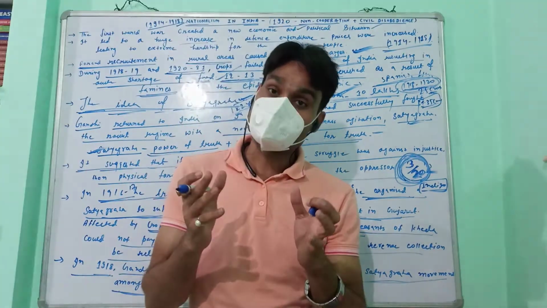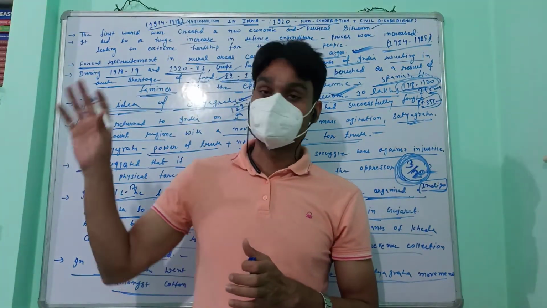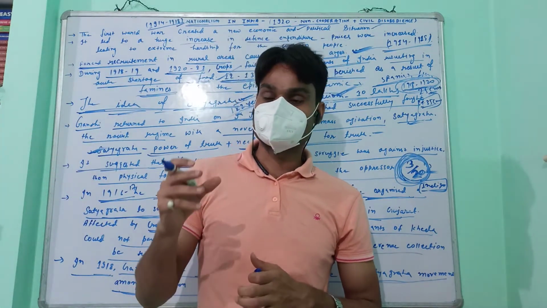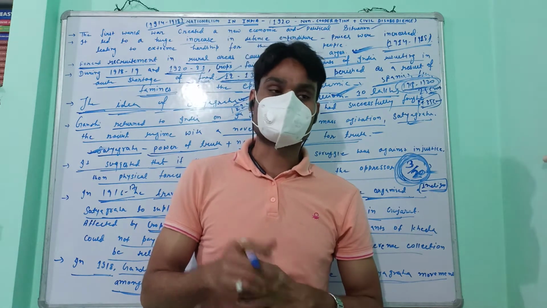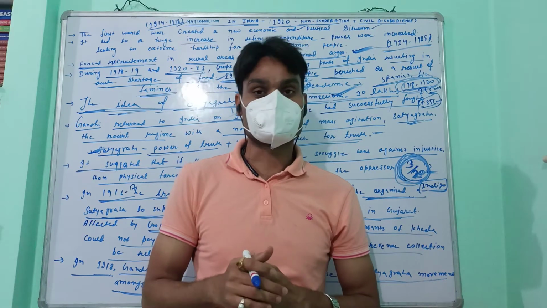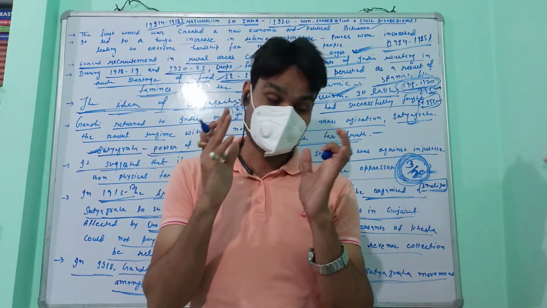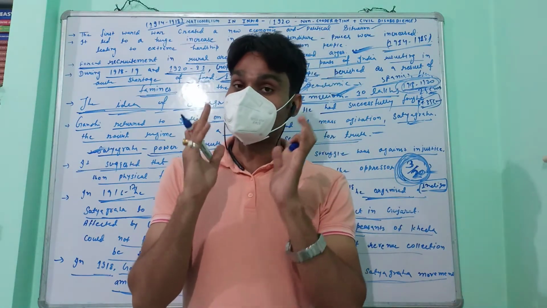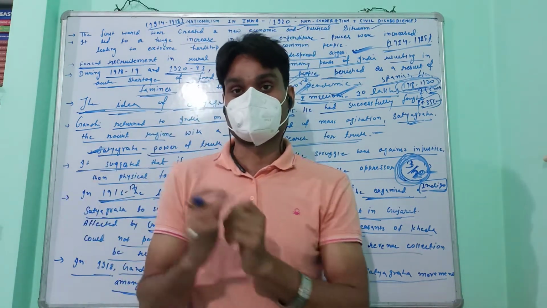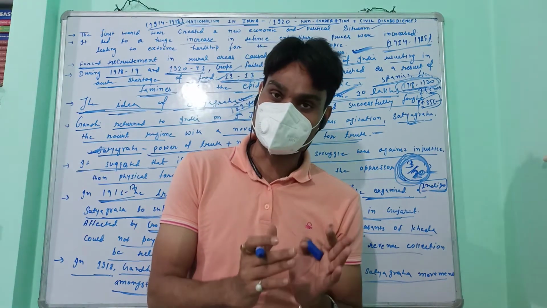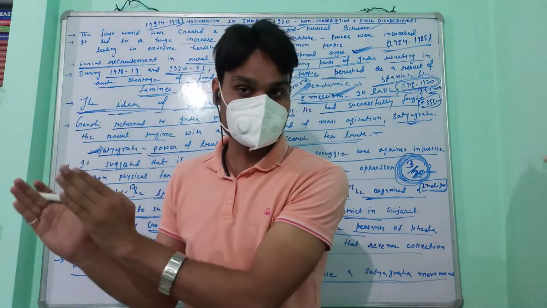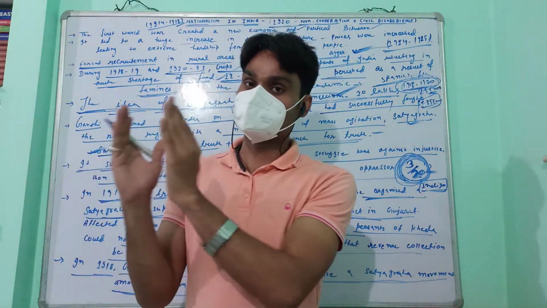Gokhale advised Gandhi to visit Shanti Niketan, the abode of peace, where Gandhi met Gurudev Rabindranath Tagore, and Tagore for the first time called Gandhi Mahatma.